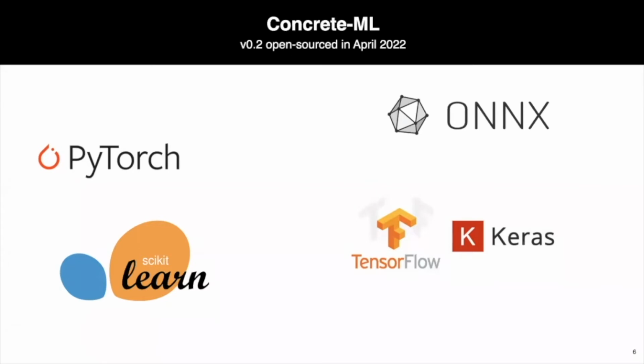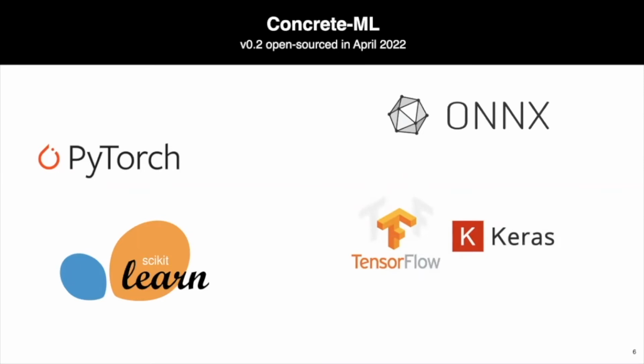Also, one thing that I would like to mention is that we are not only very close to the APIs of these frameworks, but we also reuse those frameworks a lot. For example, for the training, we have not implemented our own training. We are just reusing the training of these frameworks.